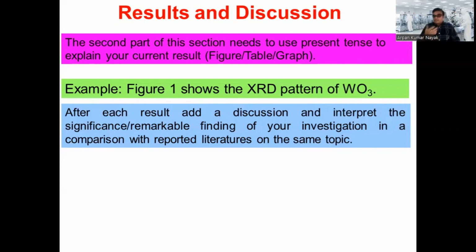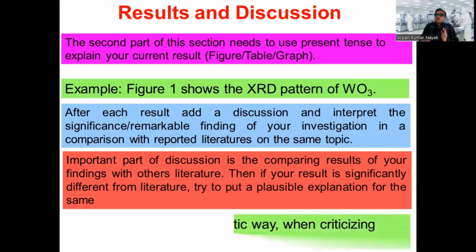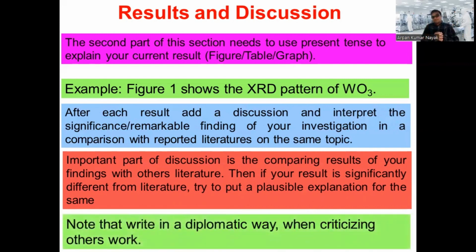So next, when you compare your results with the literature, at that time don't forget to give a possible reason why your finding is more important, higher, significant or different compared to others.